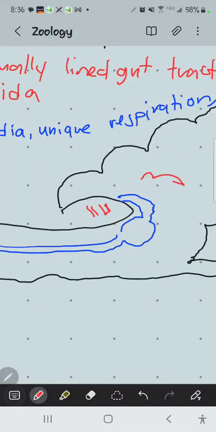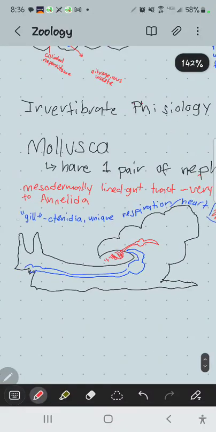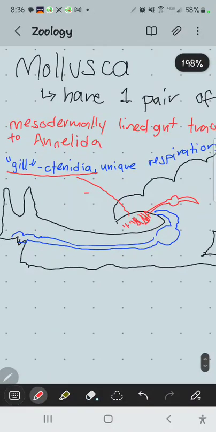So they have a circulatory system, different from the annelids, but it functions the same way. It circulates blood fluid around the body. So for respiration, the big jump in the mollusk is that they have a respiratory structure, a gill, in order to enhance respiration.